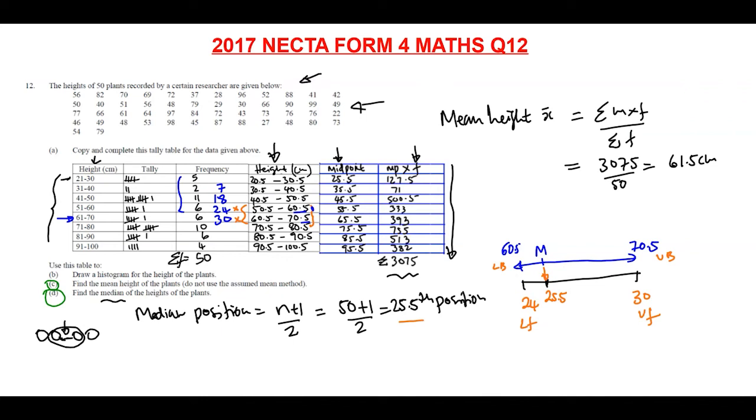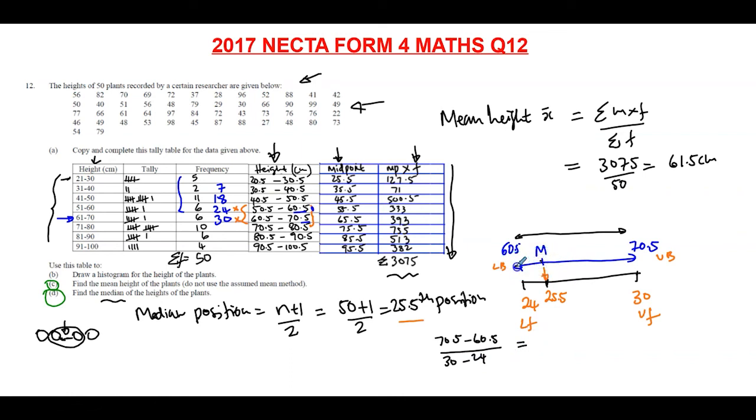Now we're going to do proportion, okay? So how do we do this? If we take the long one, so all this gap from there to there, of the heights, so what are we going to do? 70.5 take away 60.5, and we divide it by the longest of the frequency, so all the way from 30 to 24. So 30 take away 24. This proportion is going to be equal to from there to there.